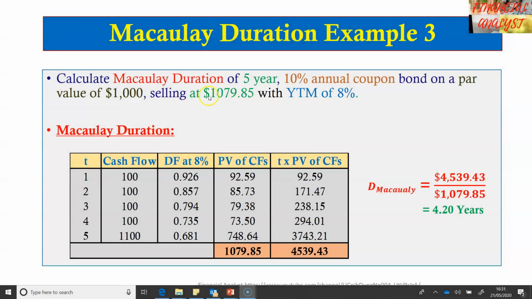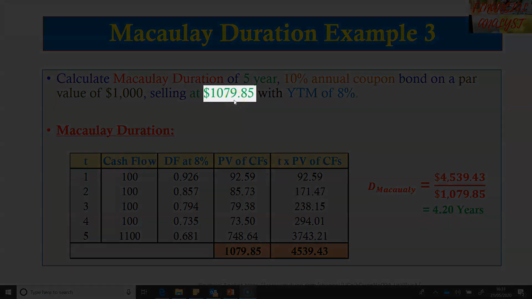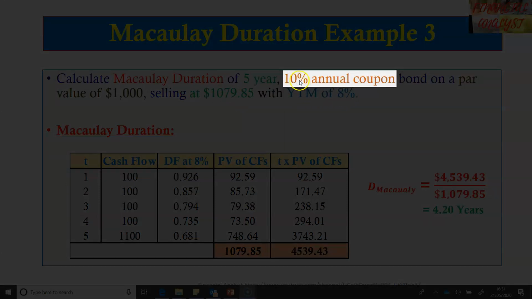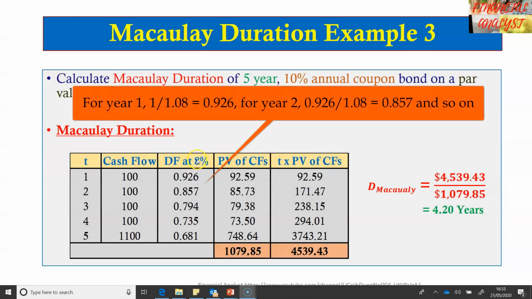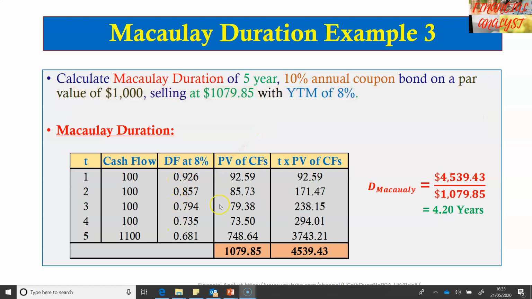In the third example here, we have a bond that is selling at a premium to par value, where the YTM is 8%, that is less than the coupon rate of 10%. Using 8% YTM as the discount rate, we calculate the discount factors here for year 1, 2, 3, 4 and 5 and calculate the present values of cash flows.